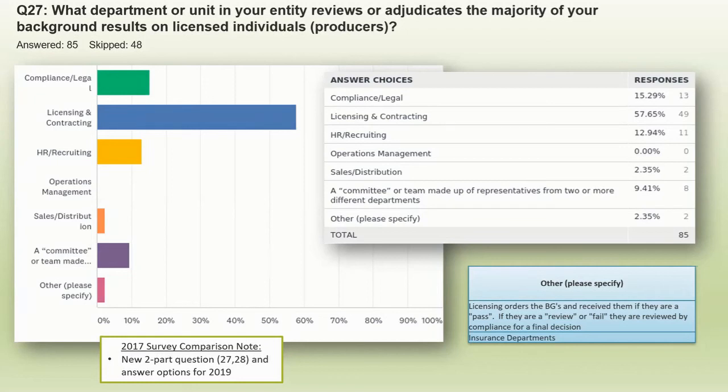Perhaps licensing, contracting, compliance, legal. But in this case, the response rates are fairly predictable. We did add a committee or team made up of representatives from two or more different departments, and that represents 10% of the respondent rate on this. That makes sense with what we see.